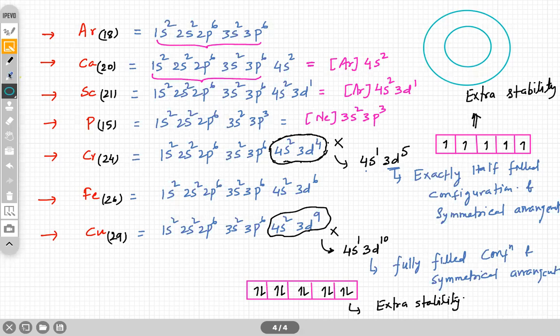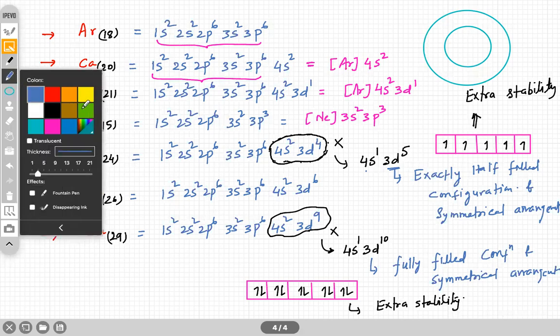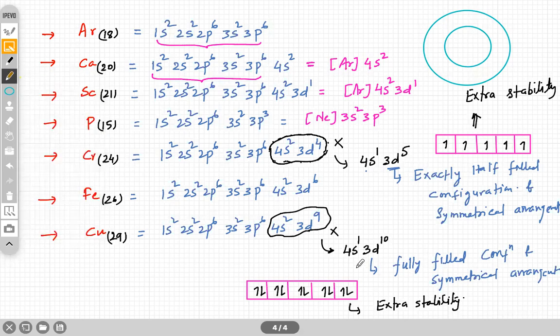Okay, why does this transition take place? Because the energy gap here is not that great. The energy gap between 4s and 3d orbital is not that great. That's why delta E is not large here, and hence the electron can jump into this.